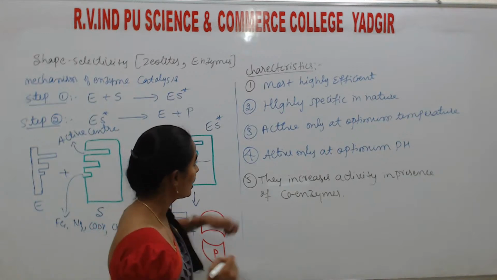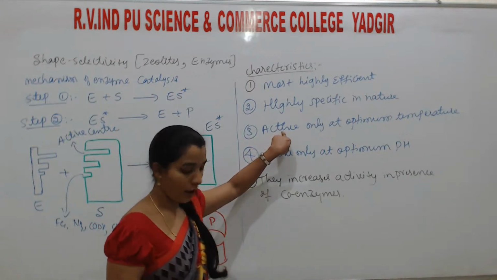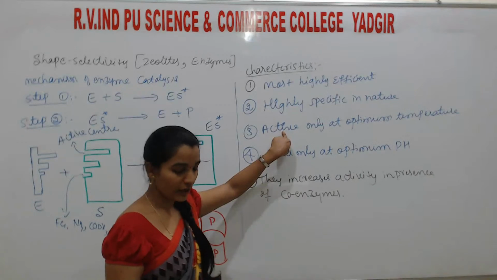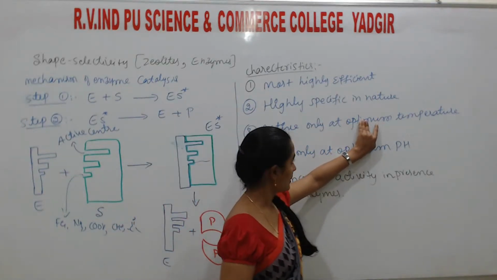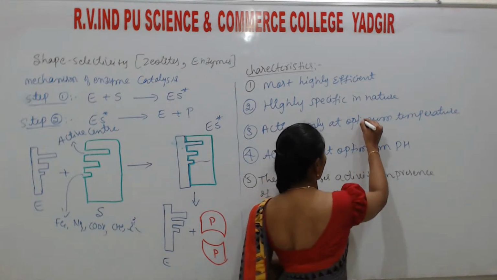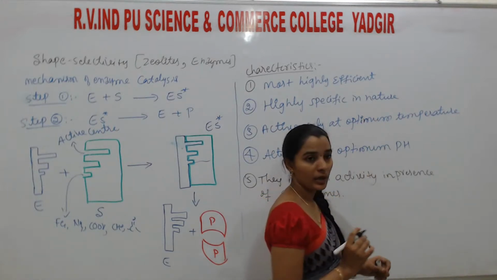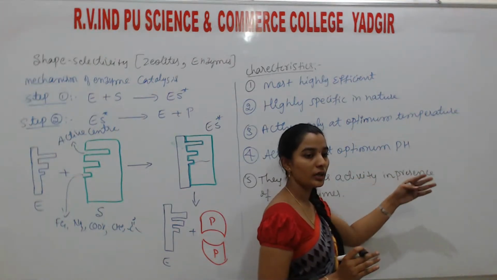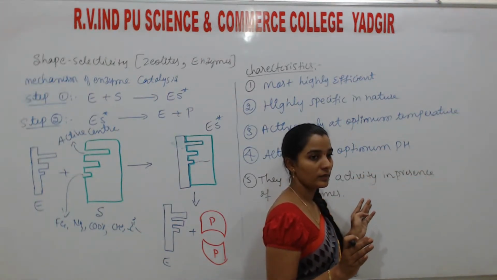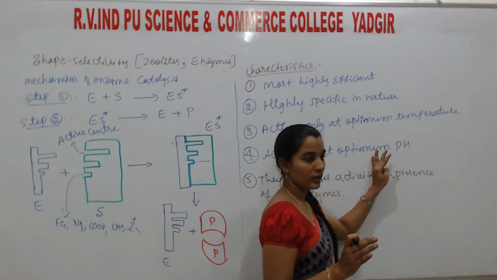So students, listen, being active only at the optimum temperature means for any enzyme, if a particular temperature is there, then it is active only at that temperature. If the temperature is below or above that, it won't react. Understand?